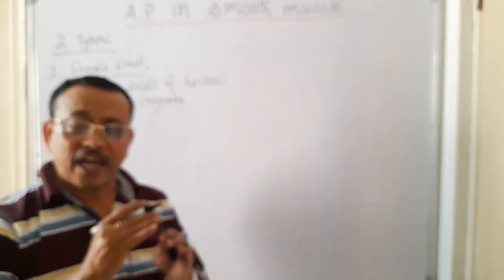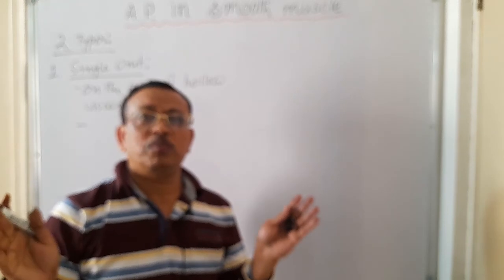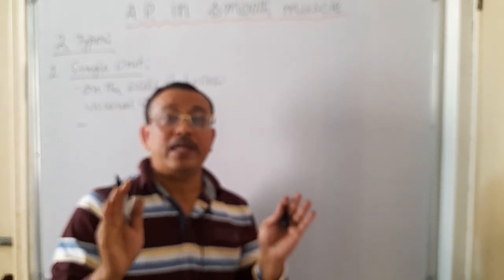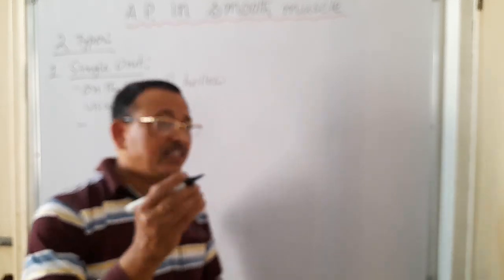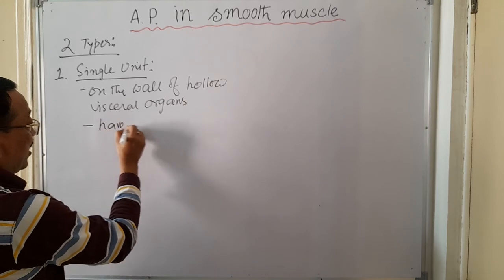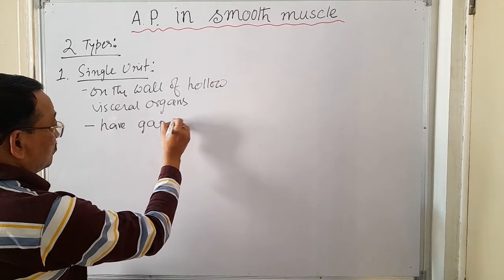That means in the entire GIT, all the smooth muscles are connected with each other by the help of gap junctions. That means these single unit smooth muscles have gap junctions.